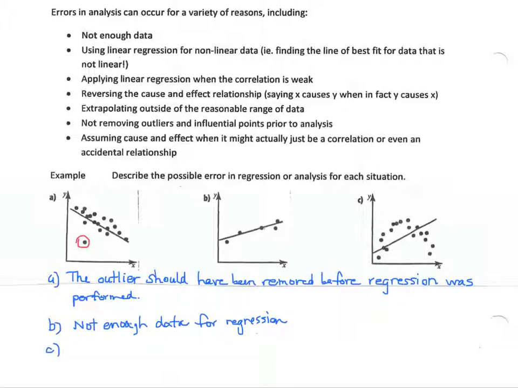And in the last one, we can clearly see that the trend in this data is not linear at all. It looks a lot more quadratic. So for this one, we're going to say the data is not linear, so linear regression should not be used.